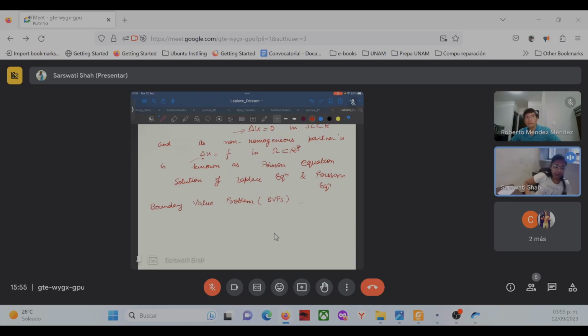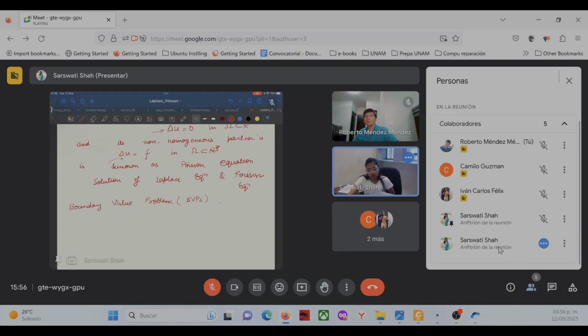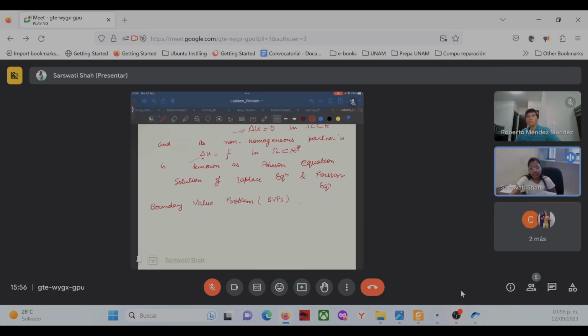That's why we only use the Dirichlet boundary condition here. But in research problems, we use the Neumann and Dirichlet boundary conditions on a very broad level. That's why people don't remember the Robin boundary condition.